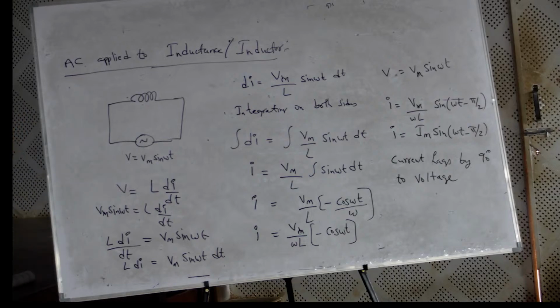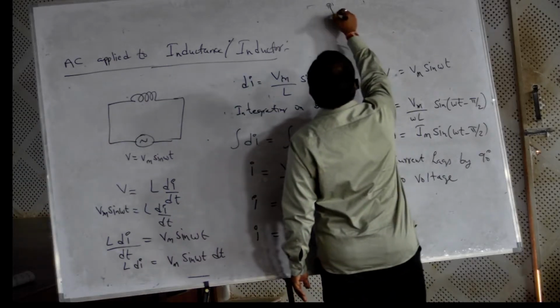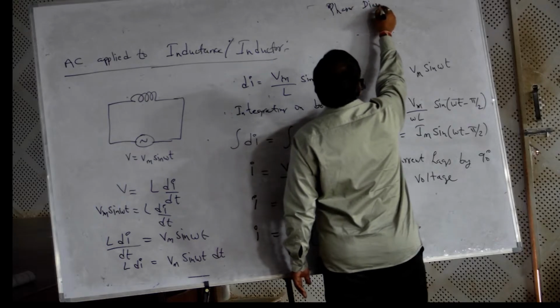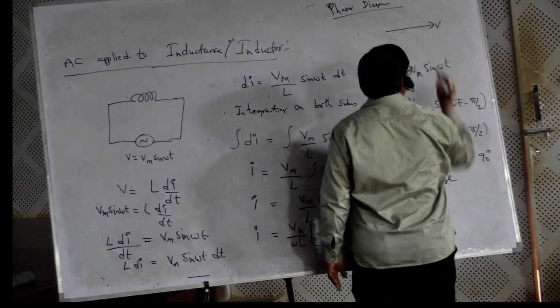How can we draw the phasor diagram and the waveform for this inductive circuit? The phasor diagram is easy. Current lags voltage by 90 degrees. First I am drawing the phasor diagram. This is voltage.